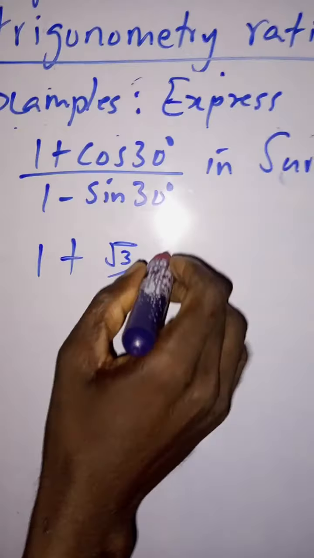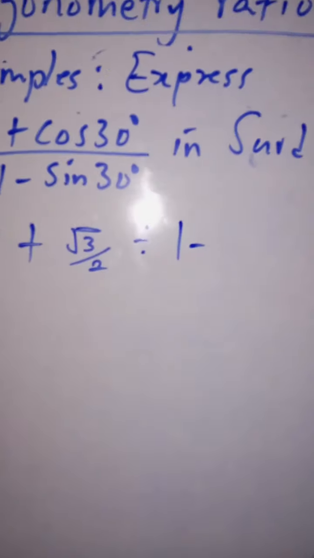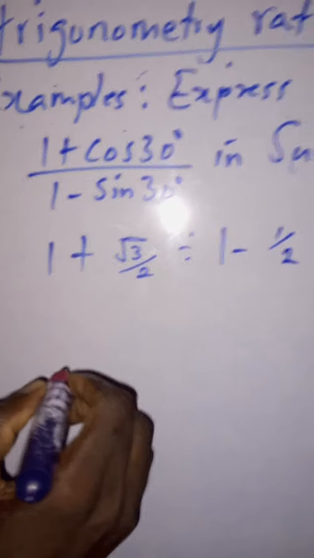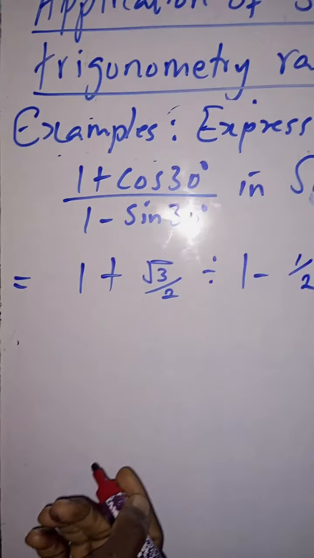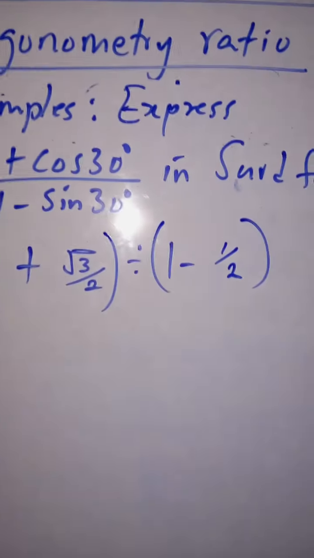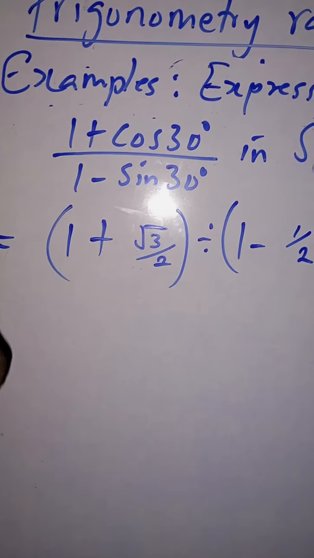Then we said divided by 1 minus sine 30, which is opposite over hypotenuse, which is 1 over 2. So we can continue our solving. Of course, you can do it like this if you like. Depends on how you wish it to be.